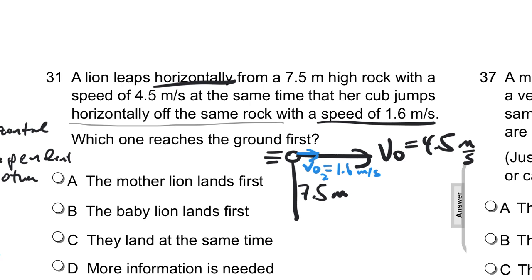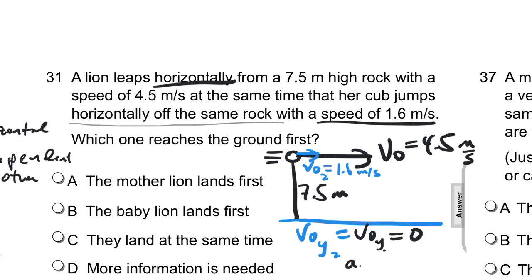Well, if they jump from the same height, and they were both going horizontally, they had the same VOY, which is 0.